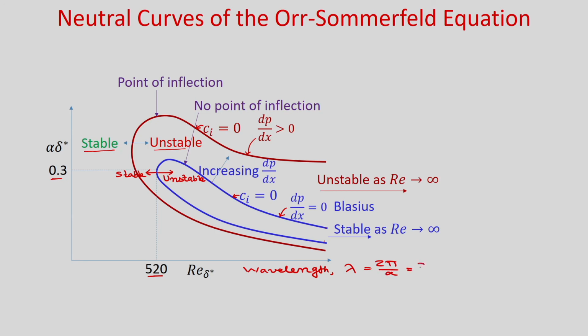So, we will get 2 pi delta star by 0.3, which is around 18 delta star, and in terms of boundary layer thickness, converting delta star to boundary layer thickness for the Blasius flow, it will be 6 delta. So, you can see the first unstable wave has a very long wavelength, and the boundary layer is always stable to short wavelengths.